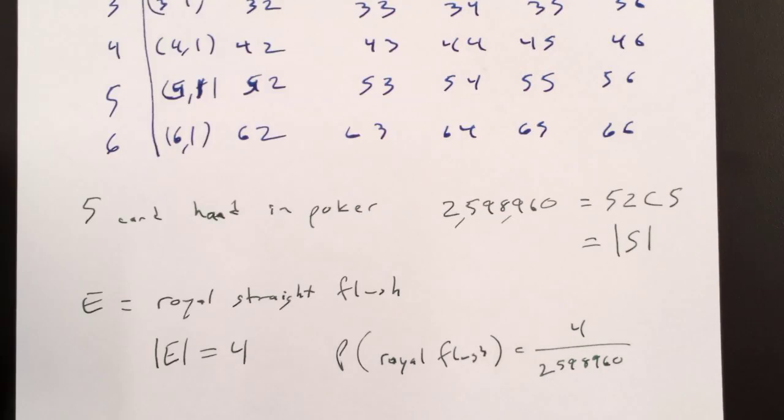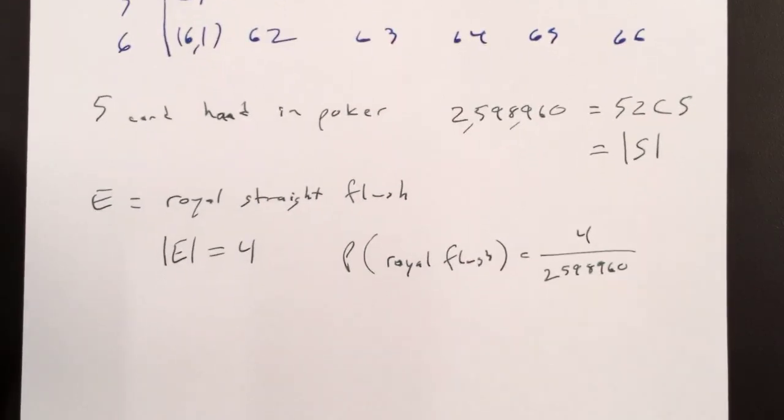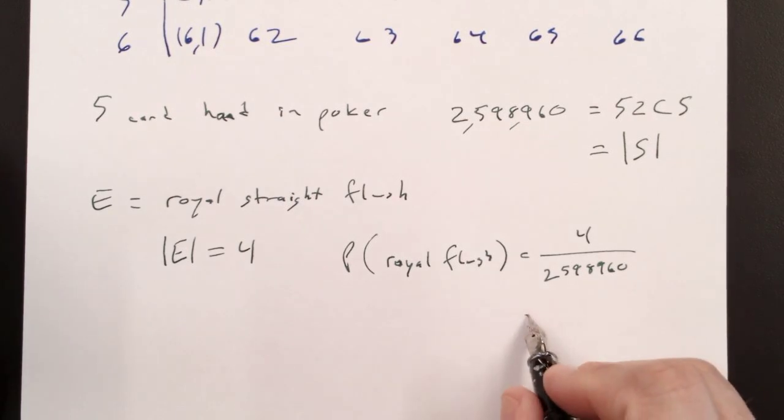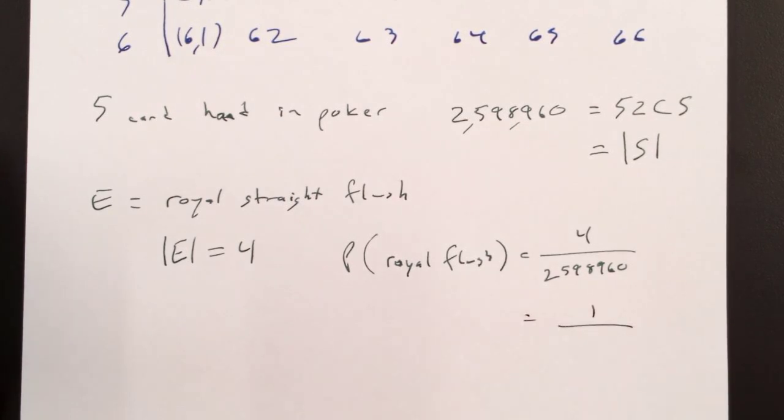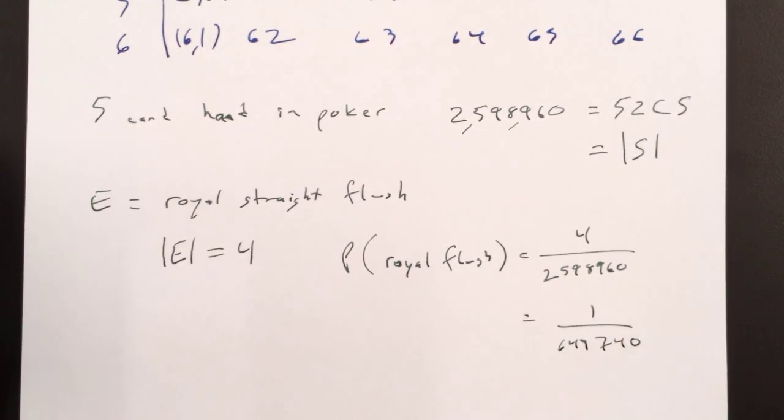Bottom is divisible by 4, so if I can just write this as 1 over something, that would be interesting. Or roughly 1 in 650,000, right?